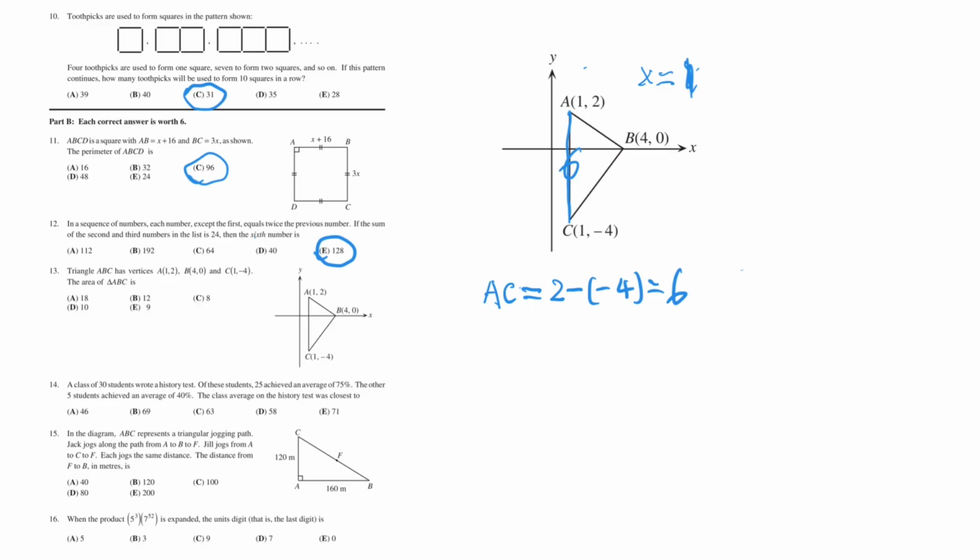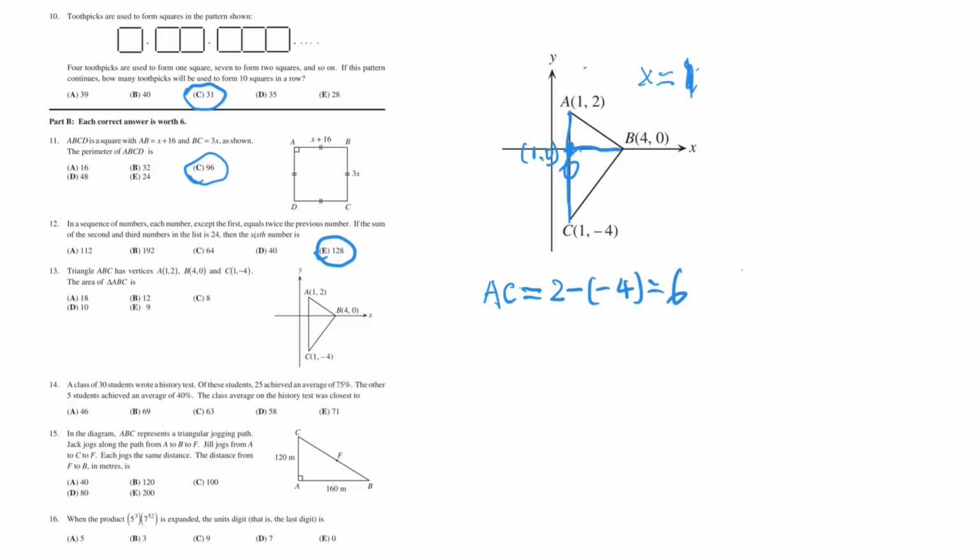So it's perpendicular to the x-axis, and because AC is perpendicular to the x-axis, the height is from this point to the x-intercept, which is (1, 0), because on the line x equals 1, all the x-coordinates are 1.